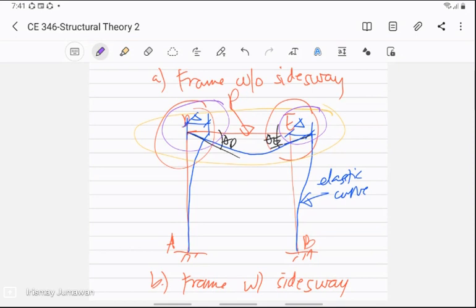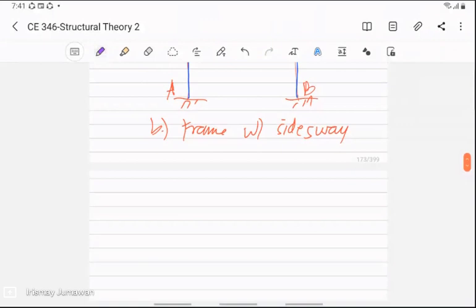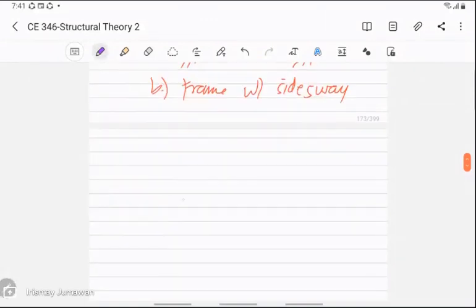Okay? But another one, the drawing is also the same.